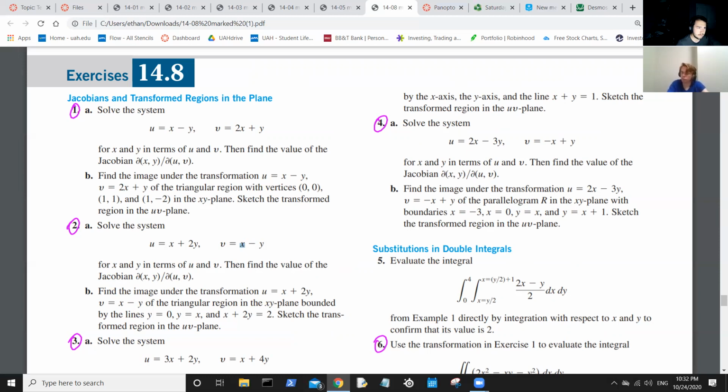Is that right? No. Yeah, isn't it partial x over partial u, partial x over partial v, partial y over partial u, partial y over partial v, and then it's the determinant of that. And then that produces a matrix or a determinant, and then that evaluates stuff.